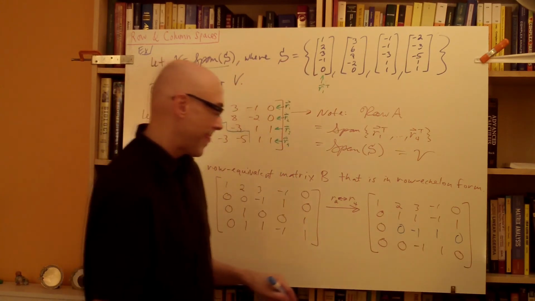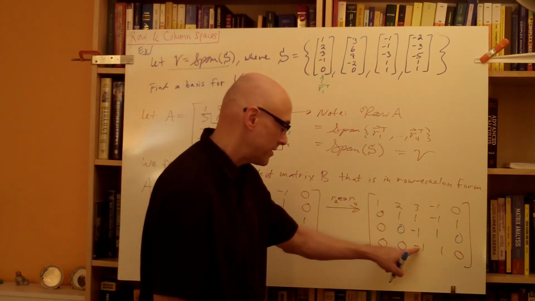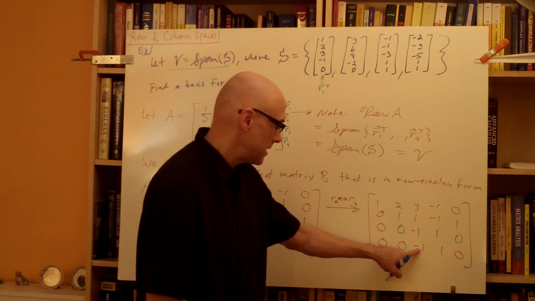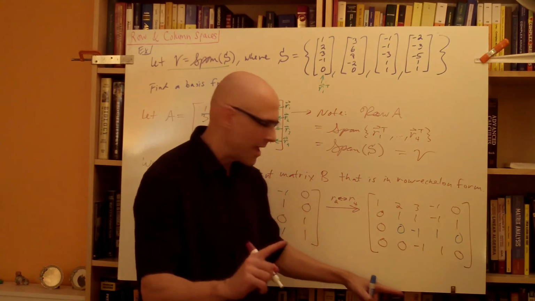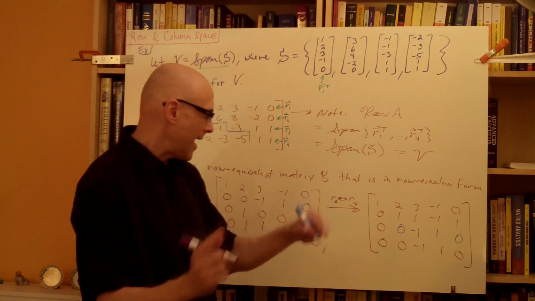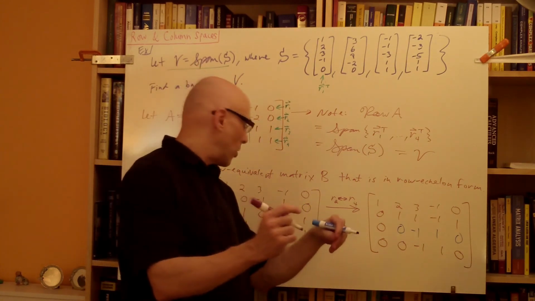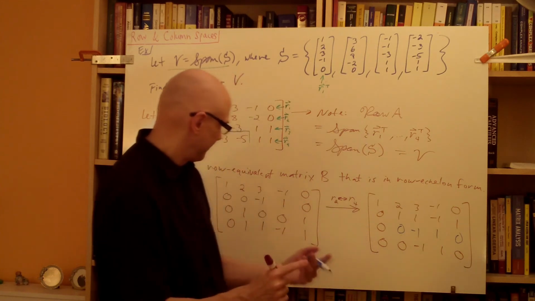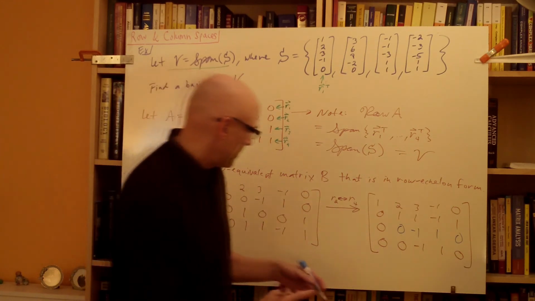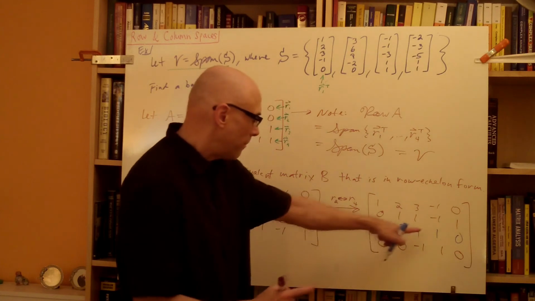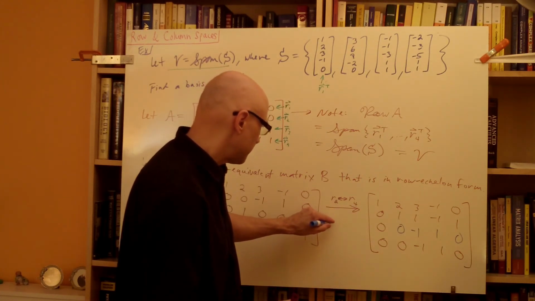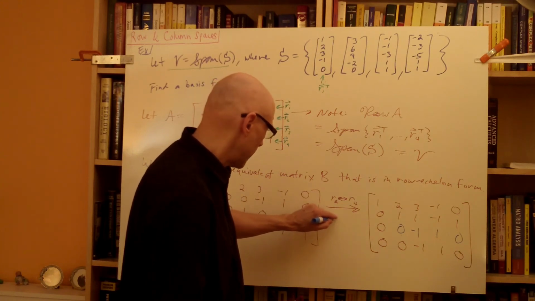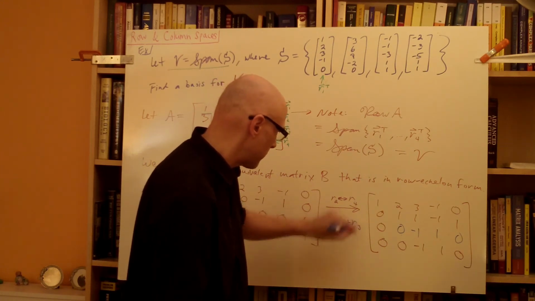All right. Now we just need a 0 here. And that's easy. All we have to do is the negative of row 3 added to row 4, right? So in the blue, what I did there is I took negative of row 2 and added it to row 3.